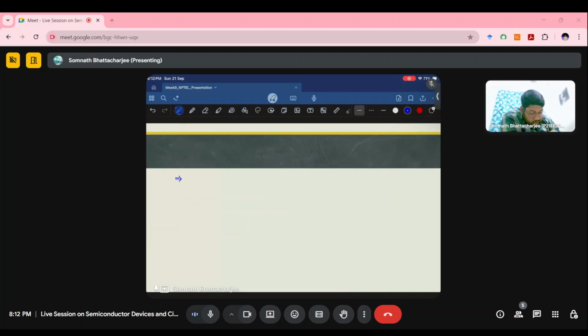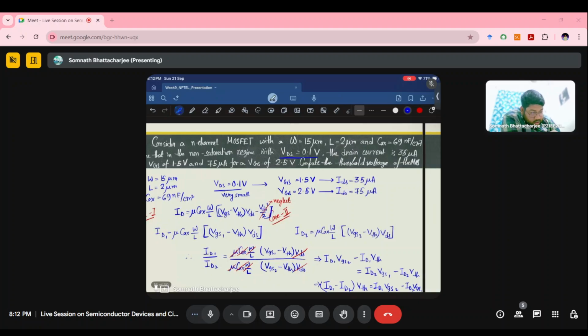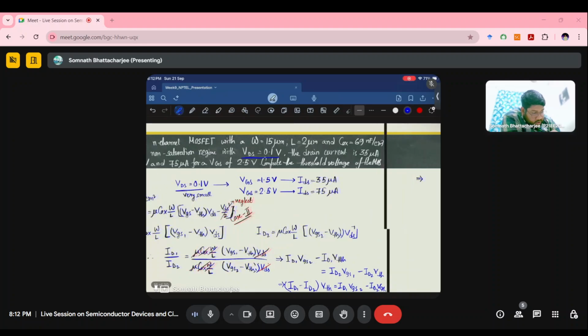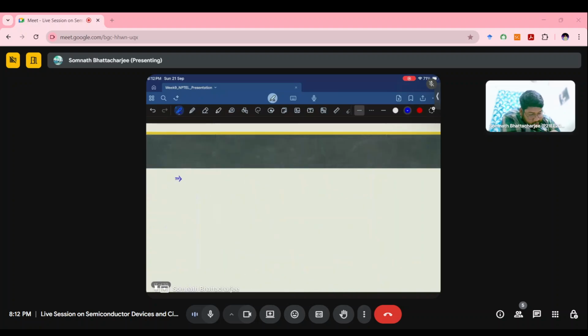So this will be nothing but ID1 minus ID2. ID1 was 35 minus 75 microamperes, multiplied by VTH.